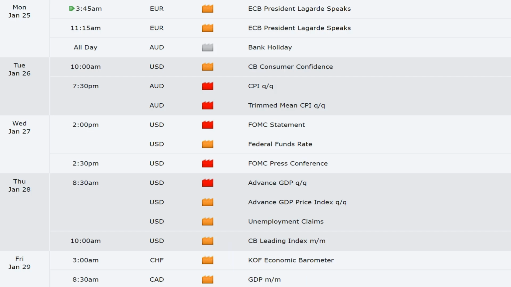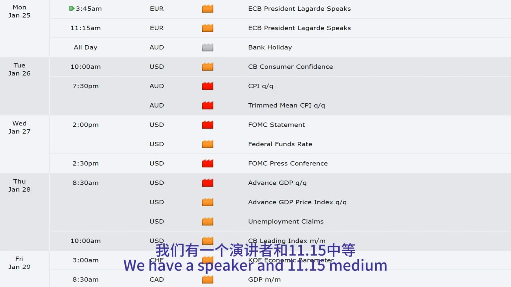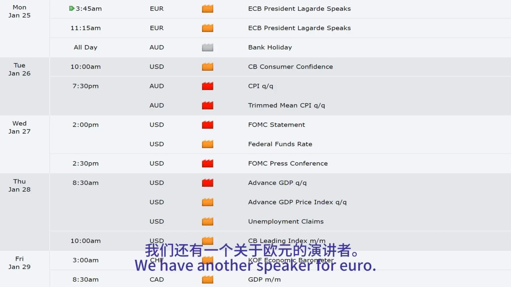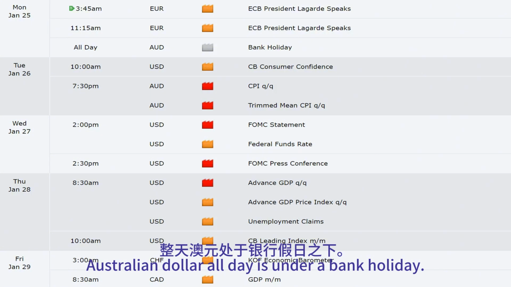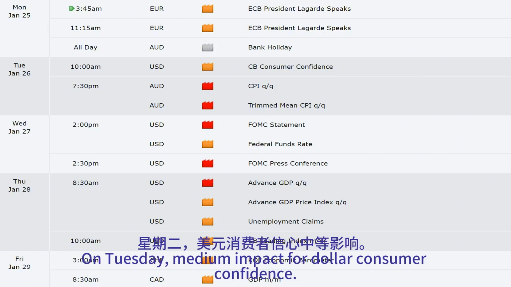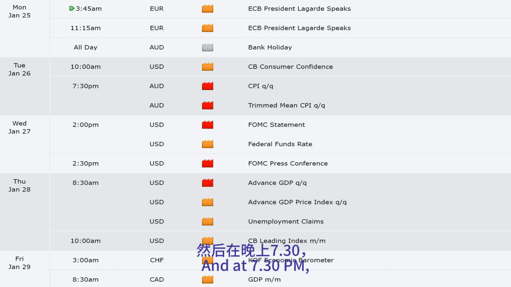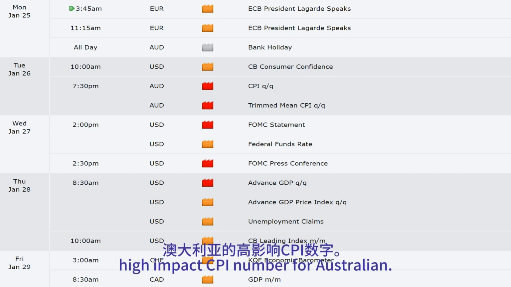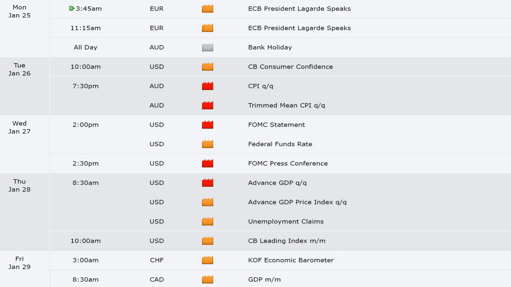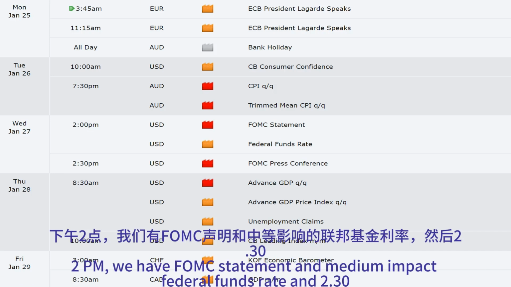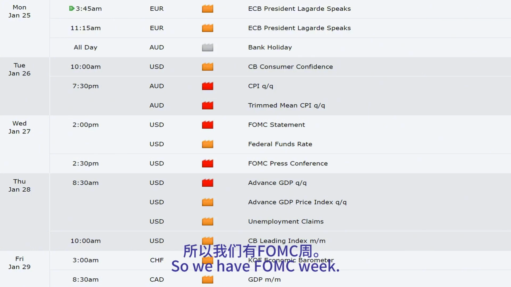On Monday, medium impact euro, we have a speaker, and at 11:15 medium impact, we have another speaker for euro. Australian dollar all day is under a bank holiday. On Tuesday, medium impact for dollar, consumer confidence, and at 7:30 p.m., high impact CPI number for Australian. And Wednesday, 2 p.m., we have the FOMC statement and medium impact federal funds rate, and at 2:30 the FOMC press conference. So we have an FOMC week.